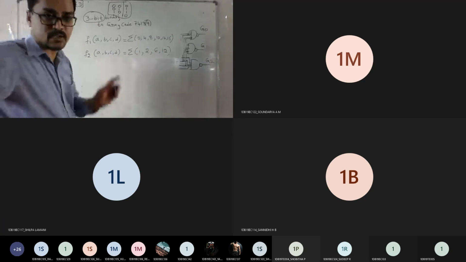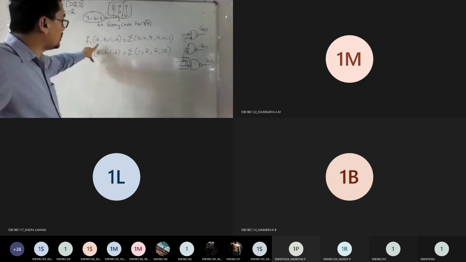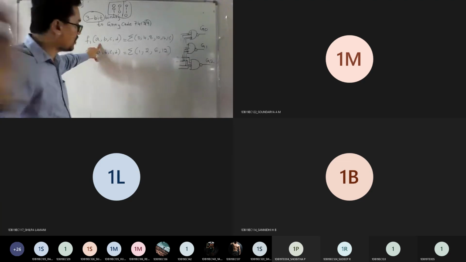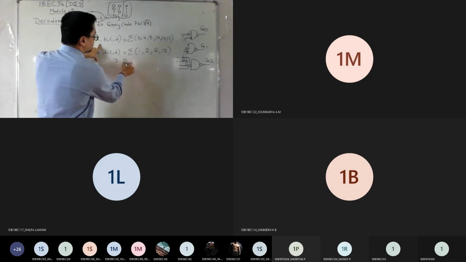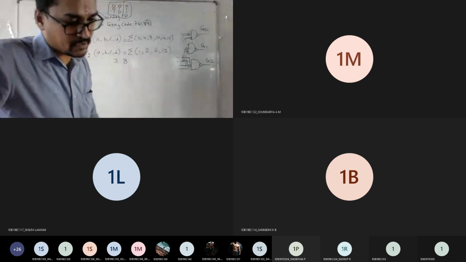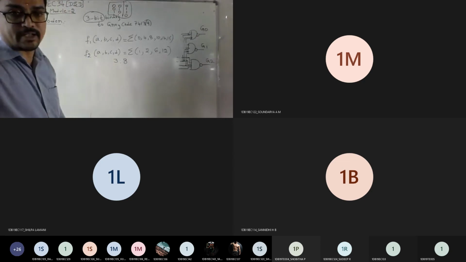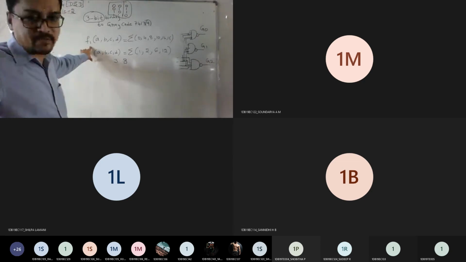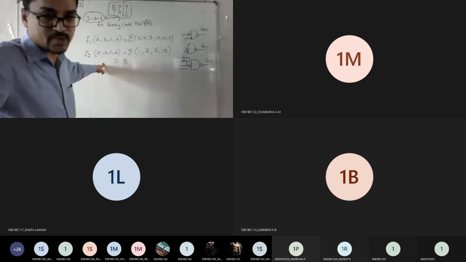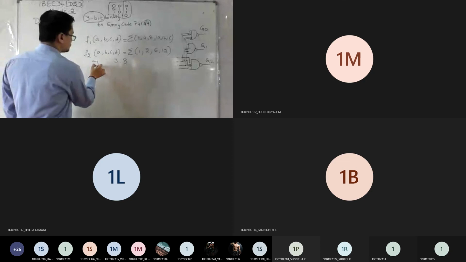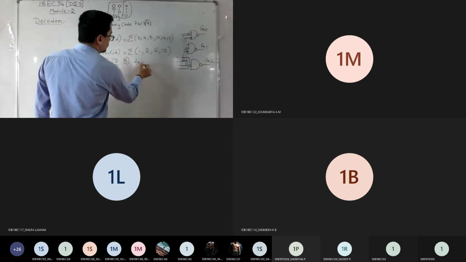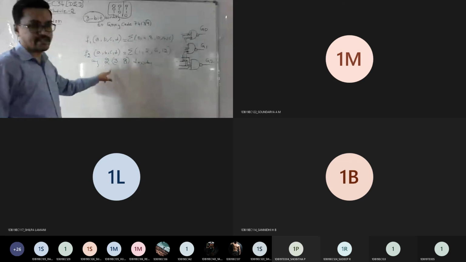Okay, listen here. Just one small change in this problem. You can look here, you have 4 inputs actually. Till now it was a 3:8 decoder, but it asks you to implement like this. Implement the multiple functions, F1 is given, F2 is given, using 2 3:8 decoders.